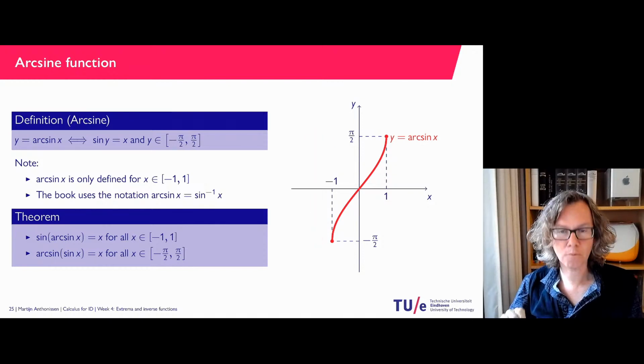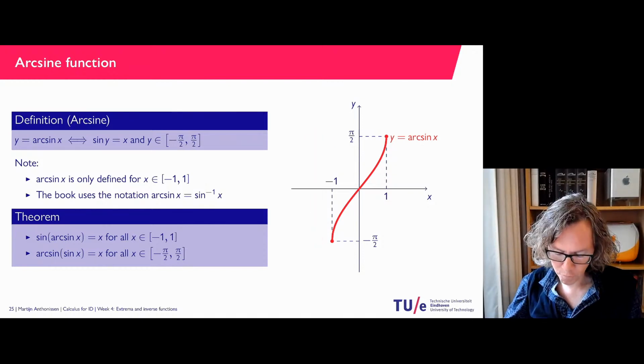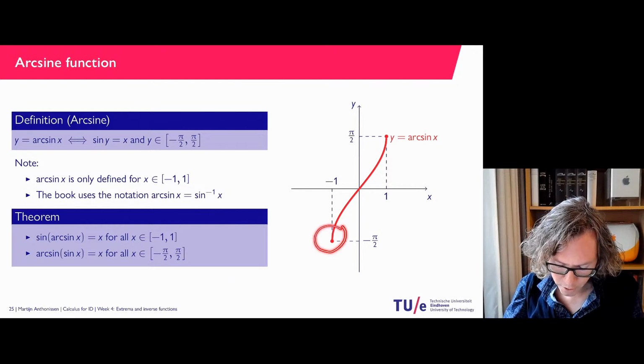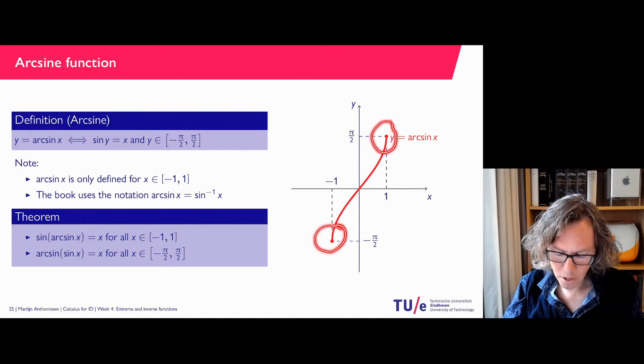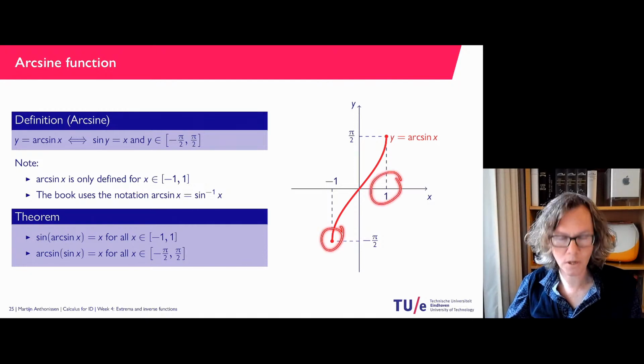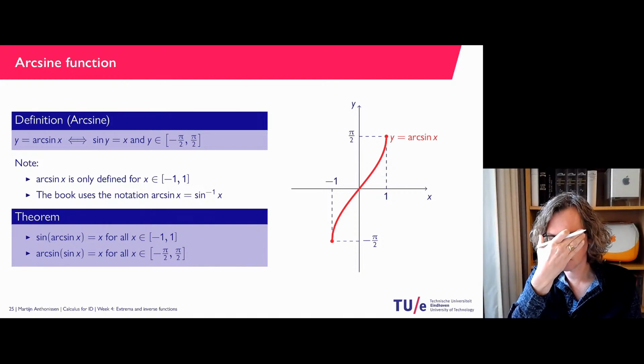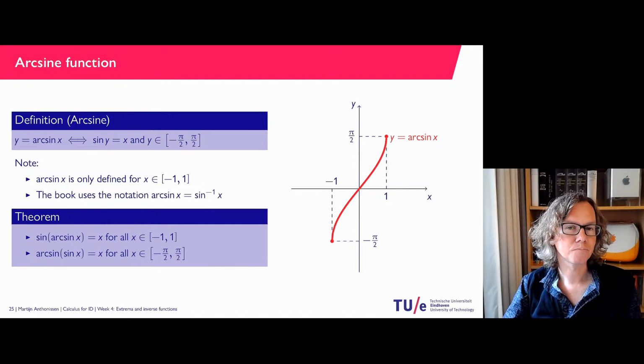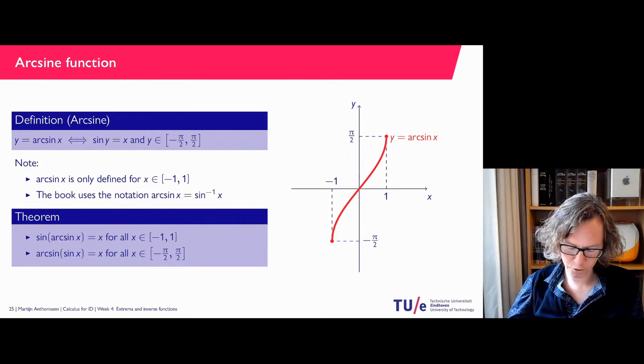And there is one extra bit. If you look at the tangent lines here at the left and here at the right, you see that it has a vertical tangent line. So if you would compute the derivative of this function at x equals -1 and x equals +1, then it's undefined there. We will see that at the end of today's presentation, or otherwise on Monday if I do not finish. So this is the arcsine function.